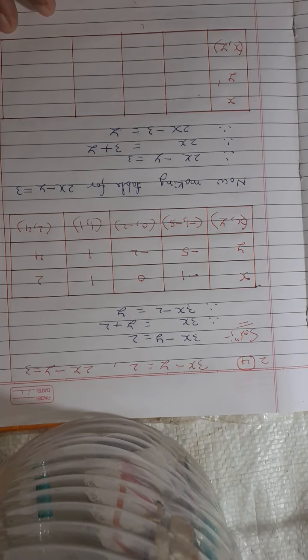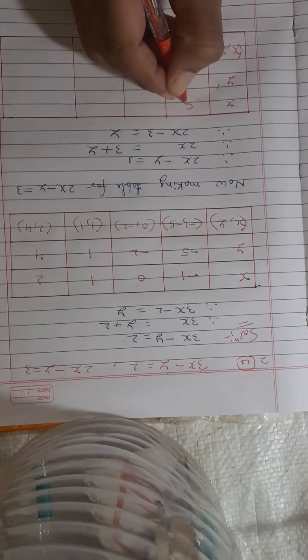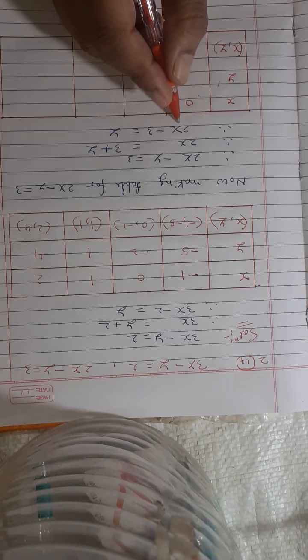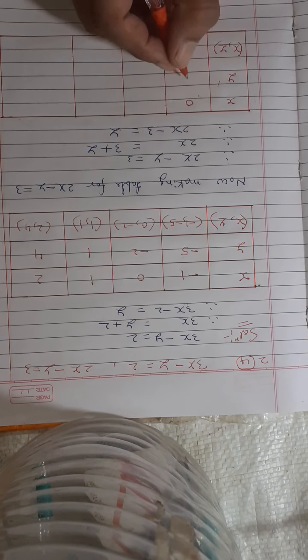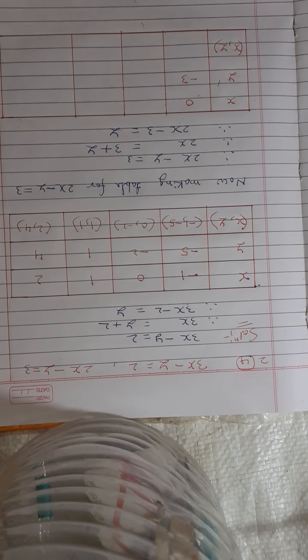Clear? Okay. Now suppose that x is equal to 0. So y is equal to 2 times 0, 0 minus 3, that is minus 3. Okay. Clear?